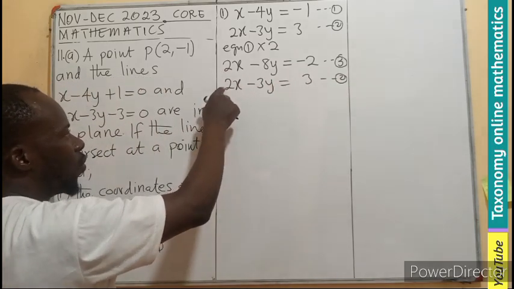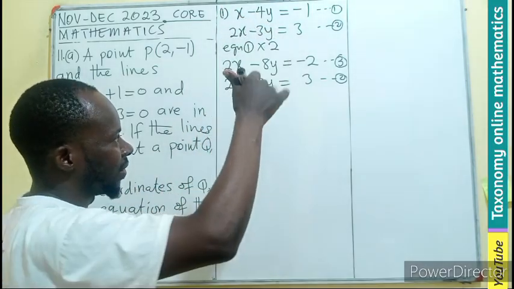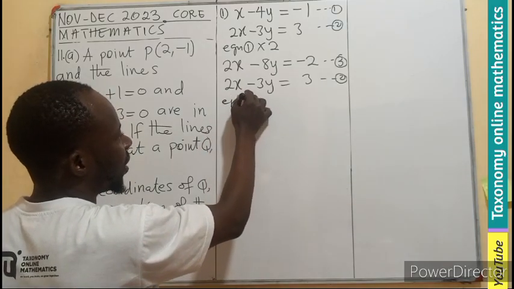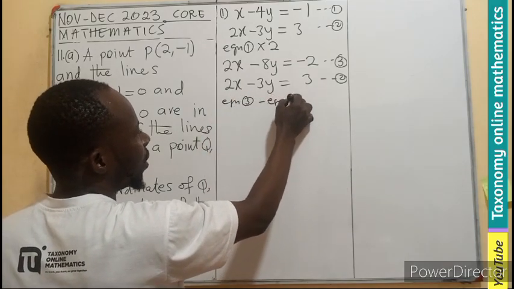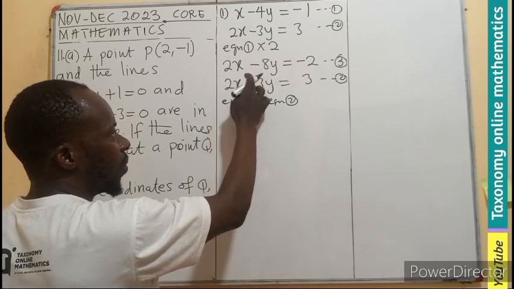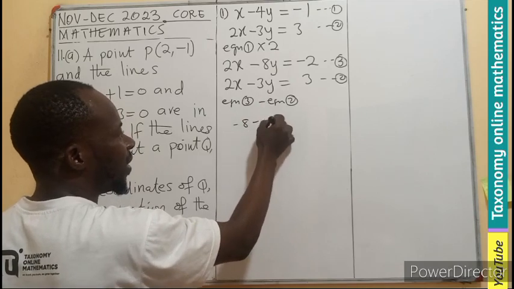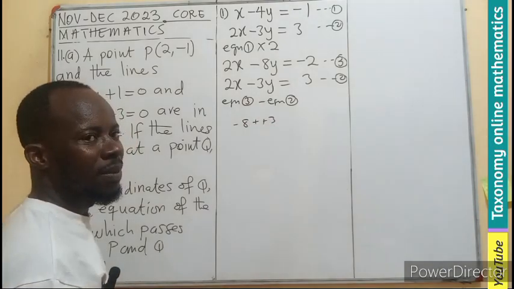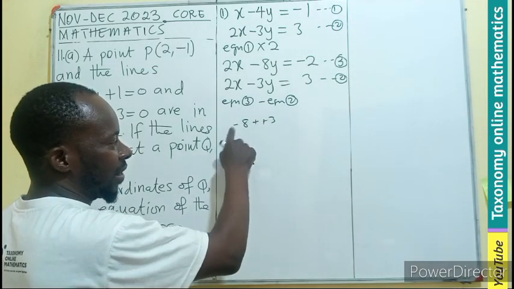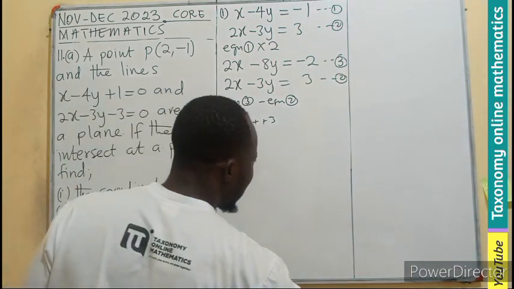Now I have the same coefficient, so I can subtract to get rid of x. So I will have equation 3 minus equation 2. 2 minus 2 is 0. Minus 8y minus -3y becomes plus, so that becomes minus 8y plus 3y, which gives us -5y.